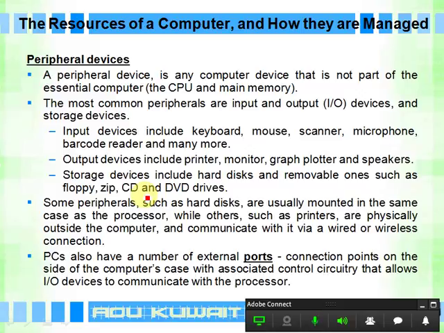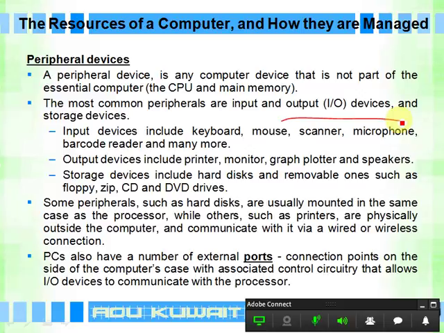The most common peripheral devices are input devices like keyboard, mouse, scanner, microphone; output devices like printer, monitor, speaker; and storage devices like hard disk, flash memory, CDs and DVDs.